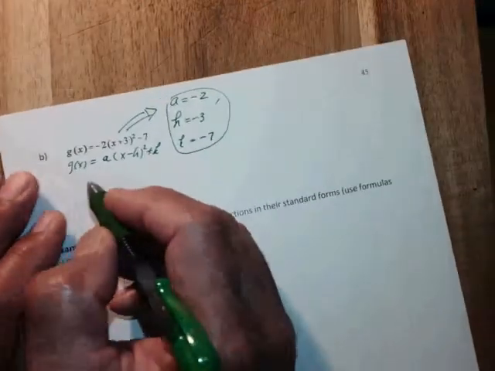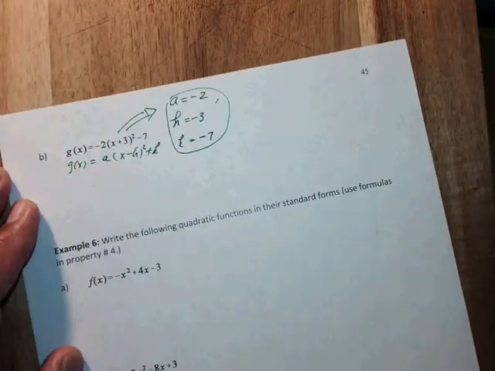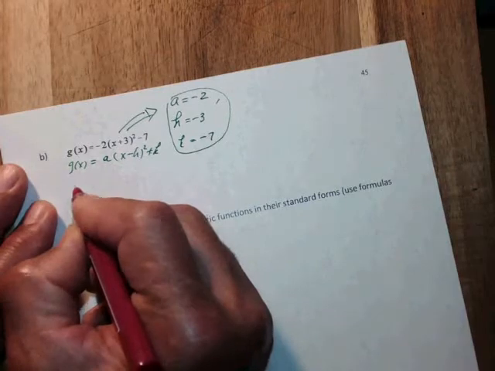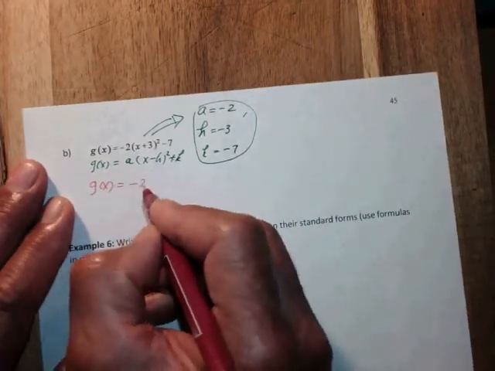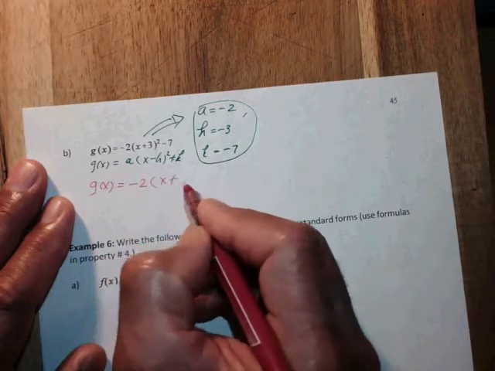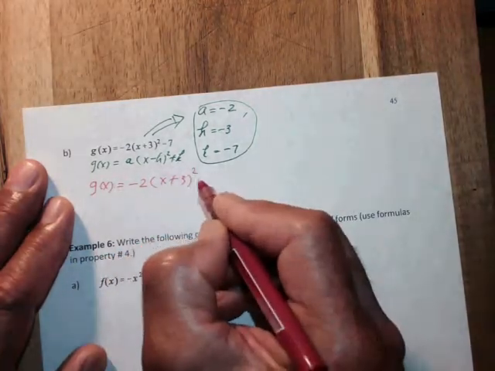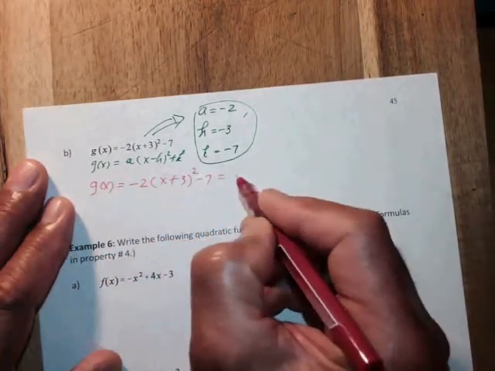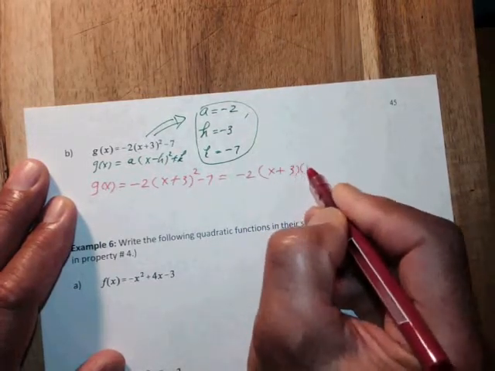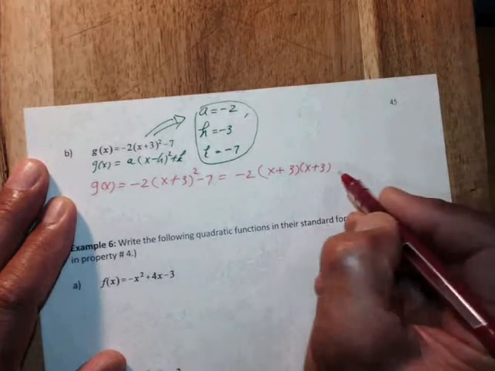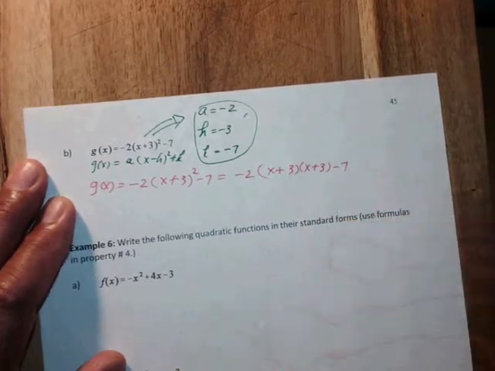Now if I continue to write it in general form, I say g of x equals negative 2 times x plus 3 quantity squared minus 7, which is negative 2 times x plus 3 times x plus 3, minus 7.